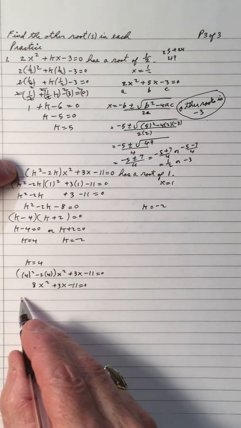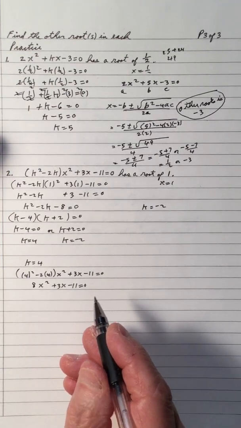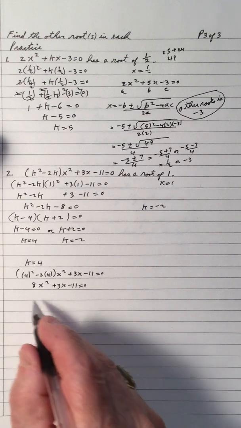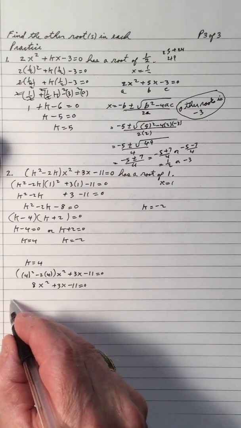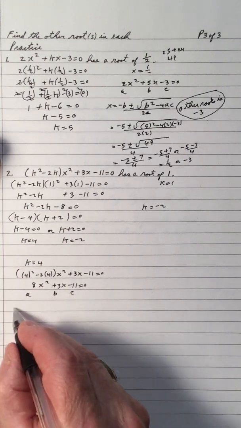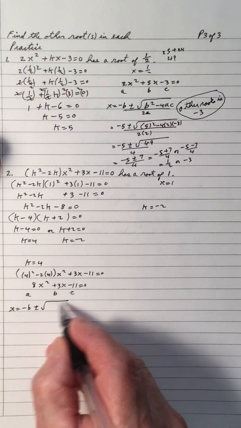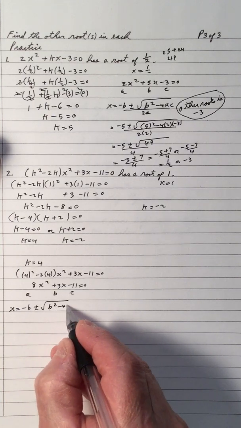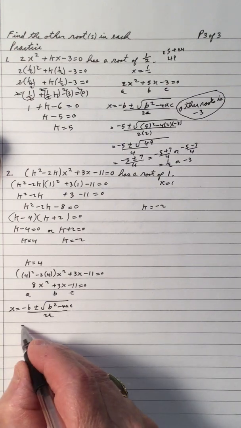And we have to solve this. We can solve it by factoring or quadratic formula, or whatever you want. It's your choice. But let's do the quadratic formula again. A, B, and C. X equals negative B plus or minus square root of B squared minus 4AC. Quadratic formula always works.